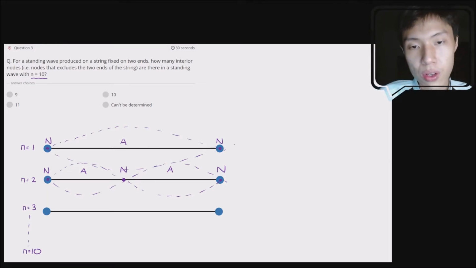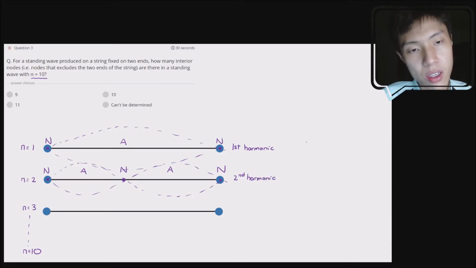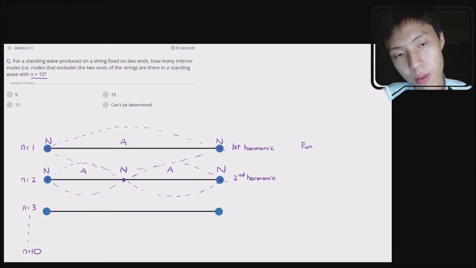We call this the first harmonic, this one we call the fundamental, and the next one we call the first overtone.